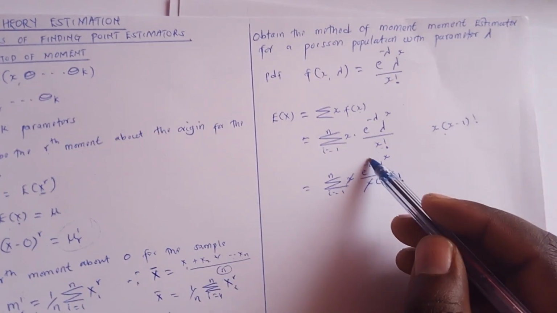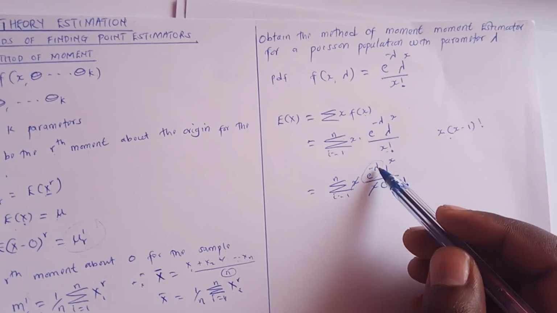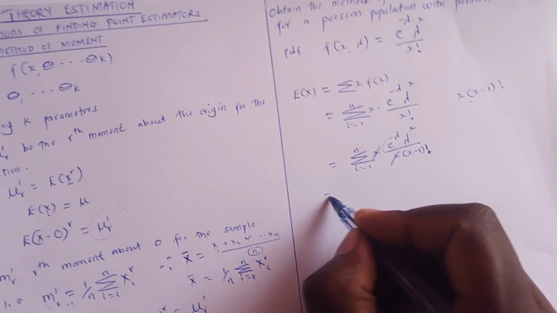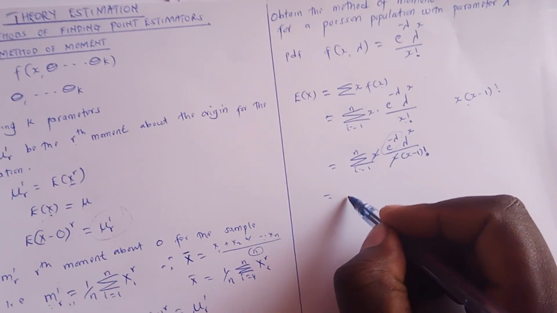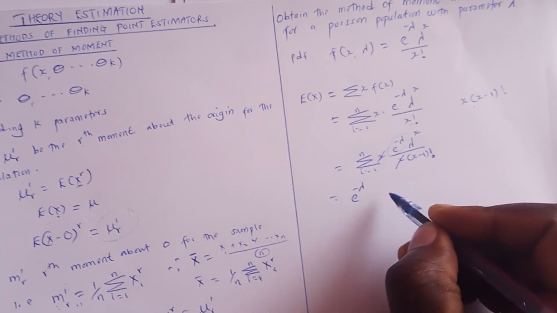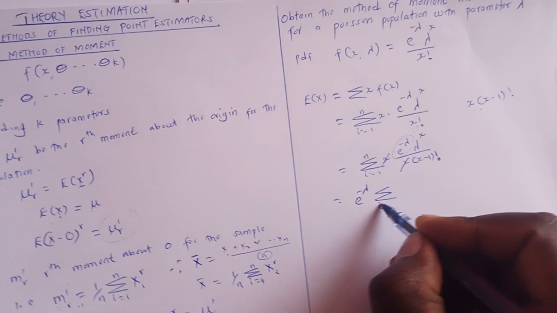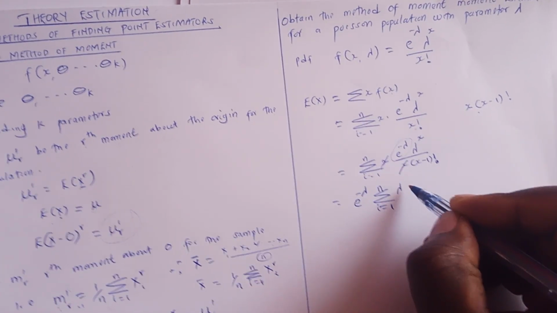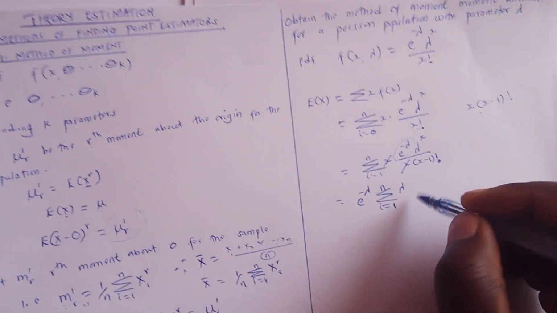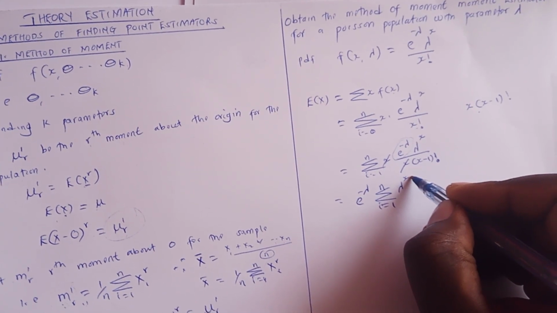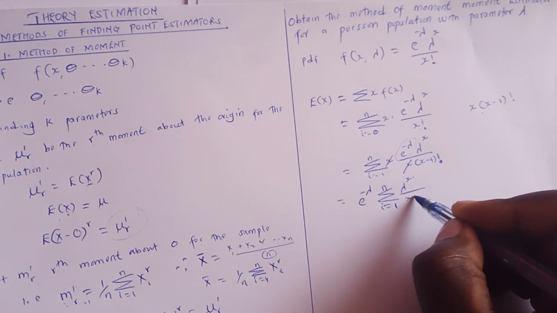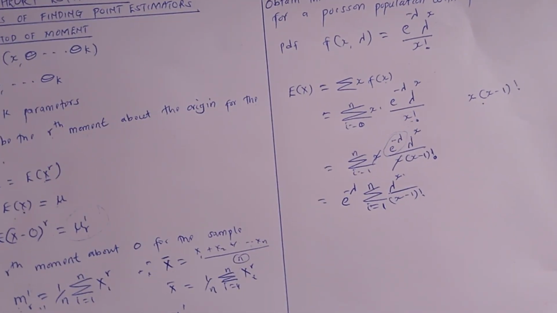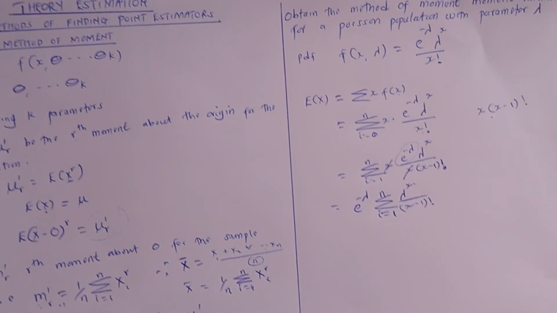Then this e to the negative lambda is a constant, so we will eliminate it first. So we shall have it as e to the negative lambda, the summation of i heading to 1 all the way to n, lambda to the x out of x minus 1 factorial. Now, this is where a critical challenge comes in.